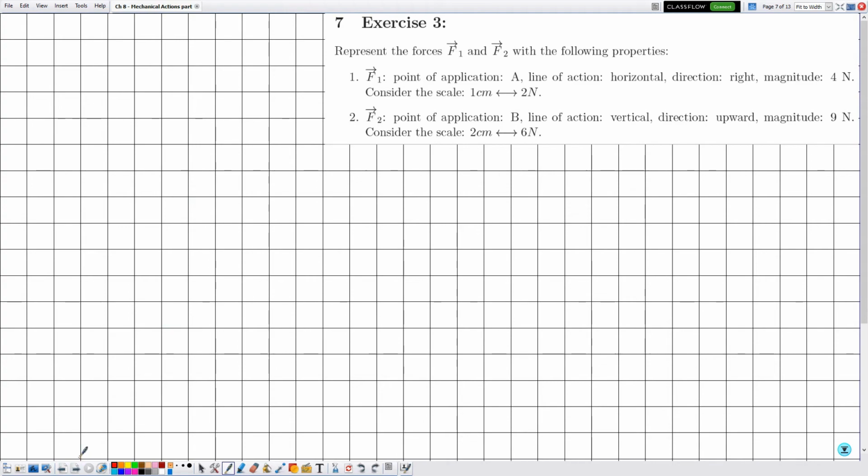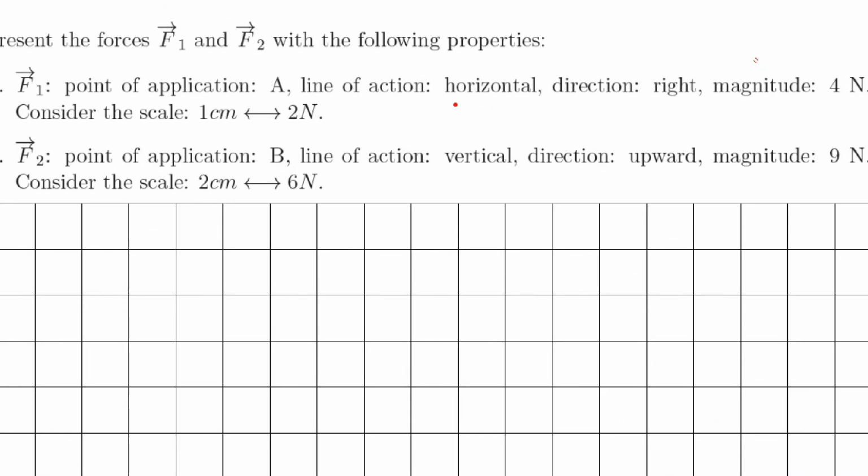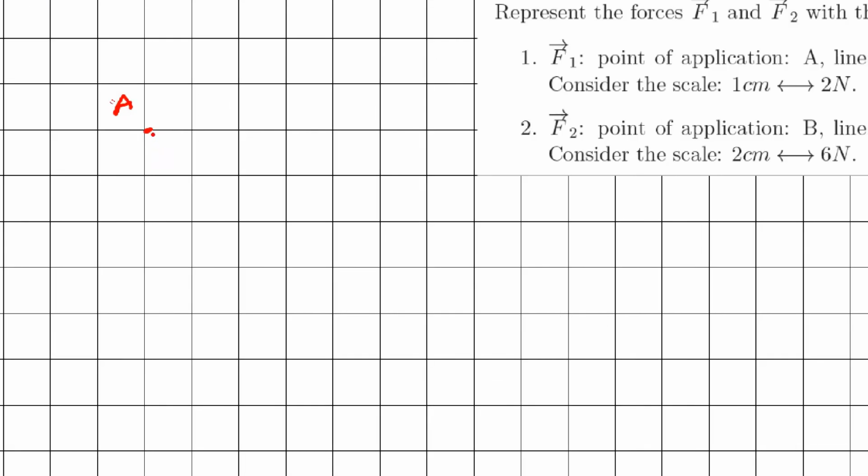And now as for the next exercise, which is exercise number 3, they are telling me to represent the forces F1 and F2 with the following properties. The point of application is the point A. The line of action is horizontal, the direction is to the right. So the force F1 will be acting something like this.